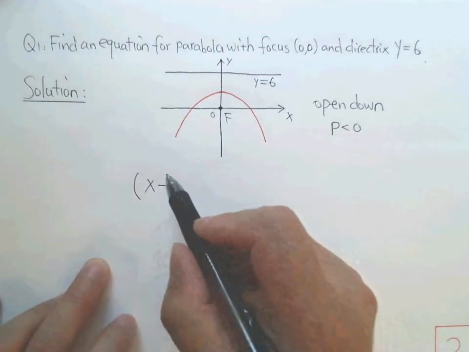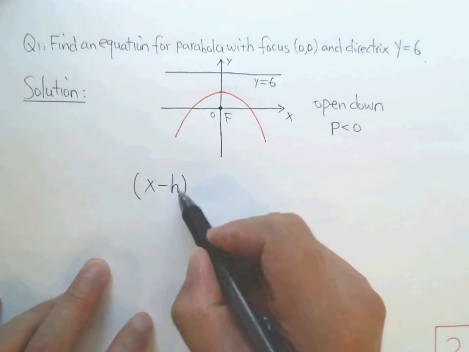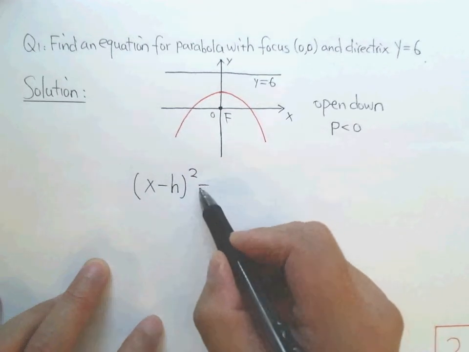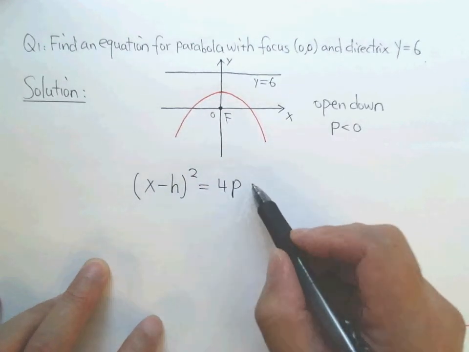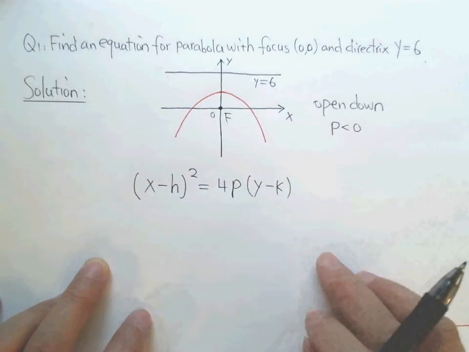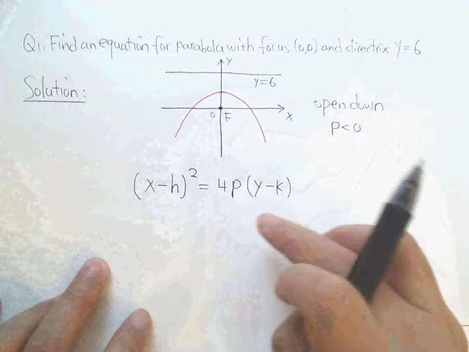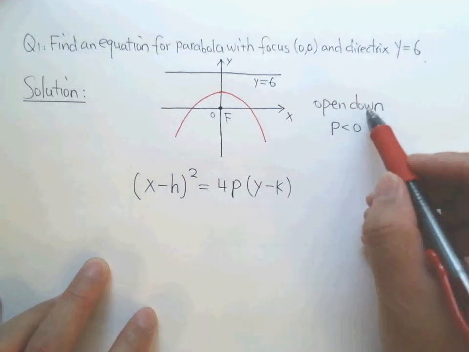So we're going to see x minus h squared, right? And then equals 4p, always 4p. Okay. Here's y minus k. Okay, can we see? This is the standard equation for the second type, open down.